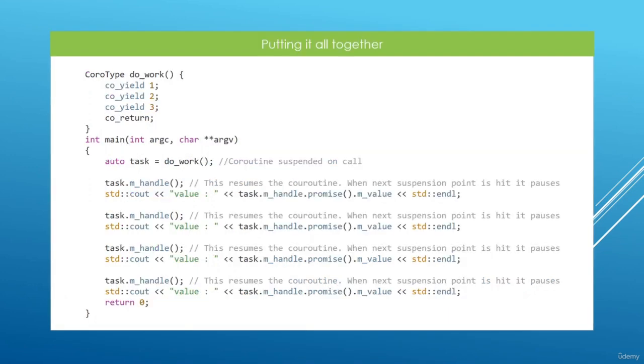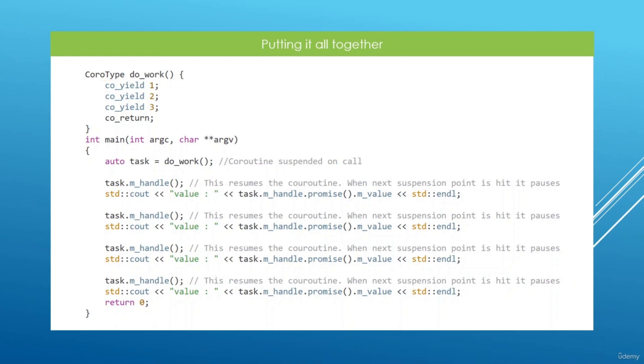If we set up something like this, our code is going to work. So we are going to pause and return values as a result of the co_yield operators here. And when we hit co_return here, we're not going to return any value. So if we try and print that, we're going to get a bunch of compiler errors, or we're going to get a junk value, which is really not what we want.